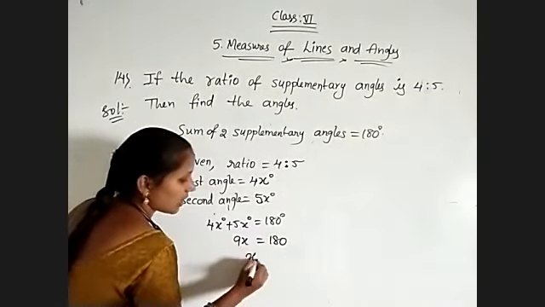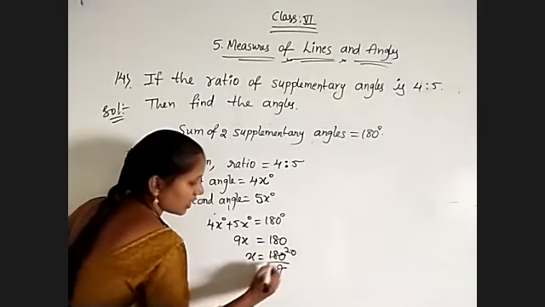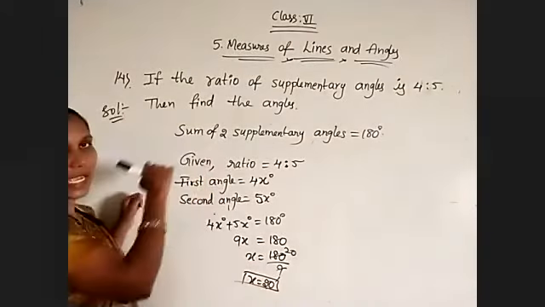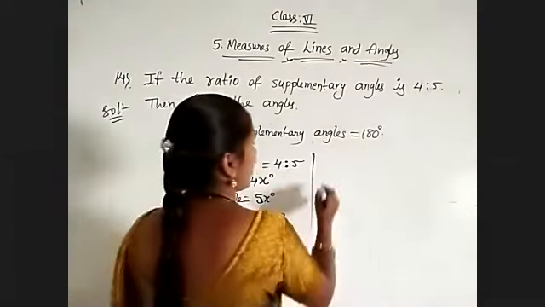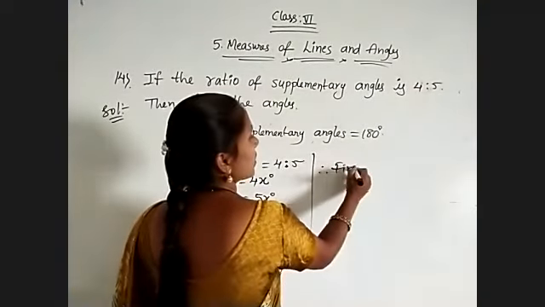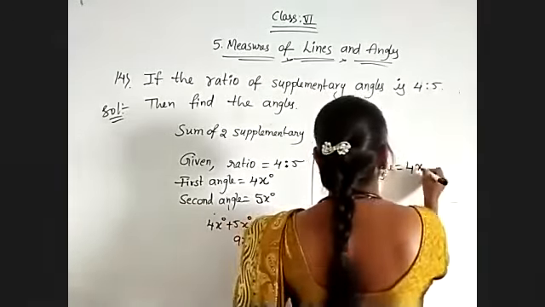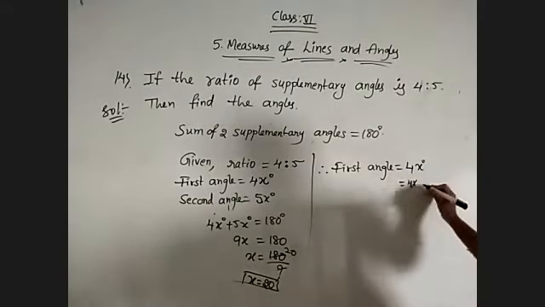Then x will be equal to 180 by 9. So 9 twos are 18, so x is equal to 20, we got. But we need to find out the angles. Only the x value we got. So find out the first angle. Therefore, the first angle is equal to 4 into x. That is 4 into the x value I got, 20 degrees.